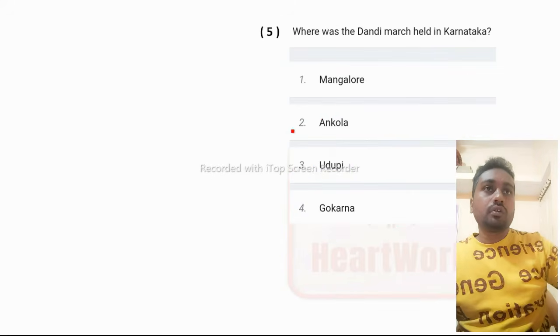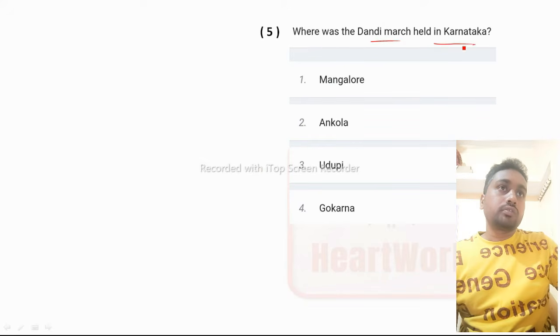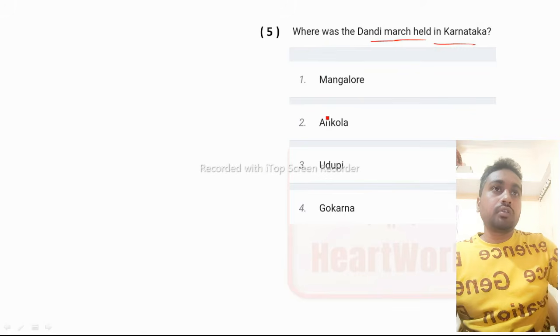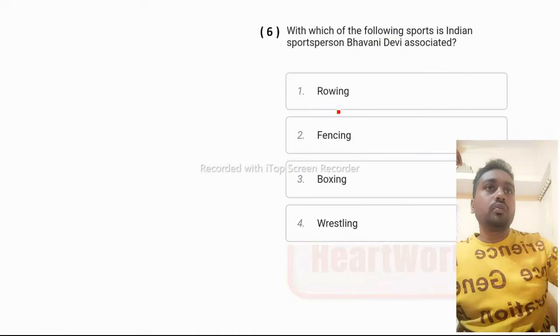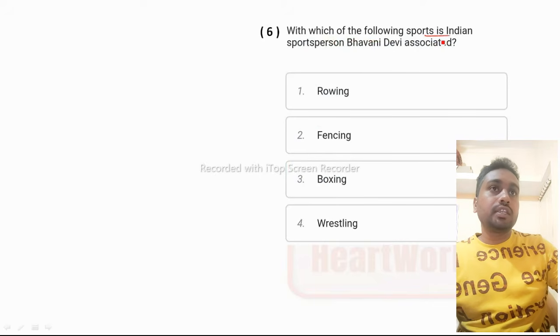Next, where was the Dandi March held in Karnataka? In which place? Ankol. Option B is the right answer. With which of the following sports is Indian sportsperson Bhavani Devi associated?